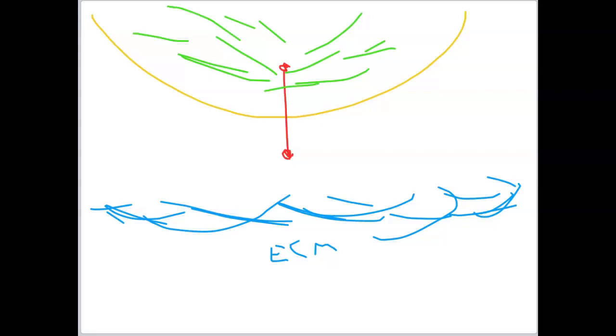But the new player here is that we actually have fibronectin, a new protein, that is bound to the collagen of the ECM, and the fibronectin is what interacts with integrin in order to allow cells to adhere to or crawl along the ECM. So integrin is not making direct contacts with collagen. Instead, integrin is interacting with fibronectin, and fibronectin is interacting with collagen. So let's draw that out in words.